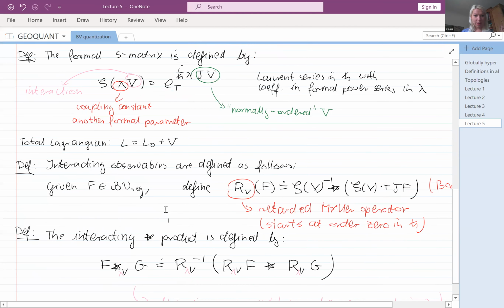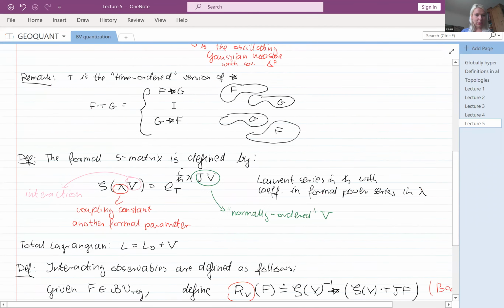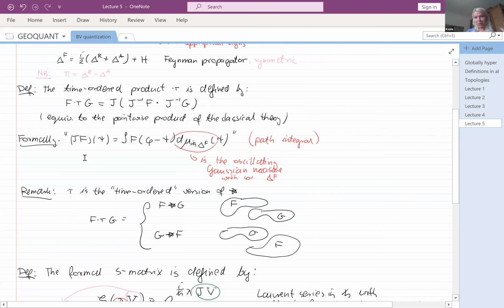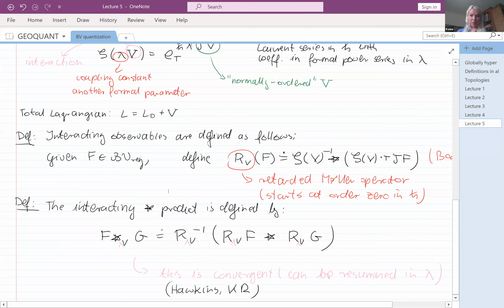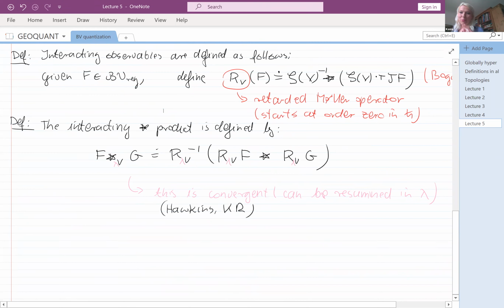Also, the time ordering operator is genuinely local. So it preserves support, preserves that causal neighborhood, and it's actually a local operator. Okay. Thanks. This is an important point for what follows, in fact, that this one's local. Any more questions?